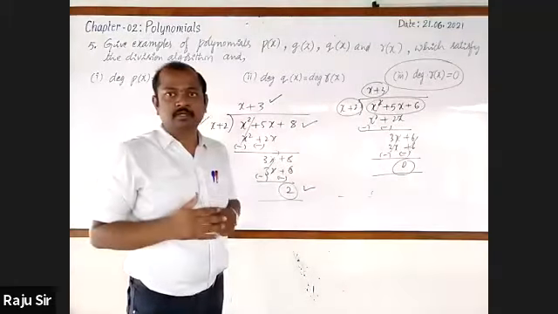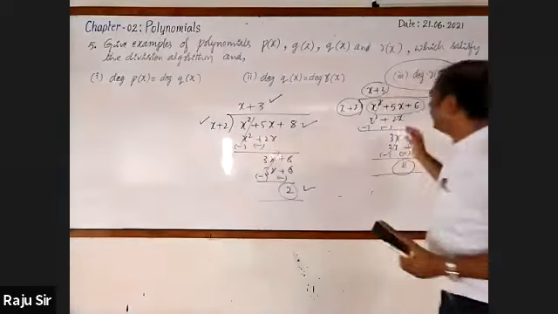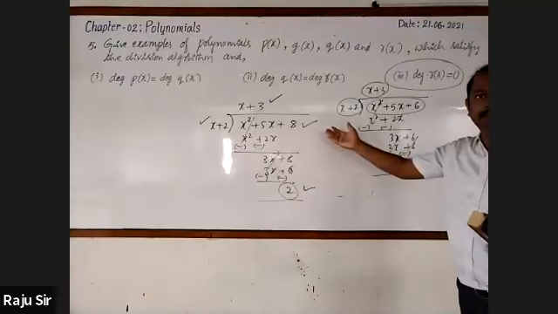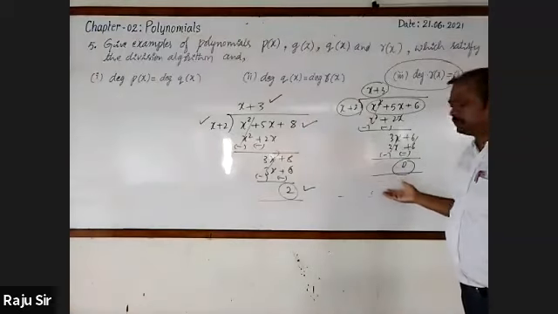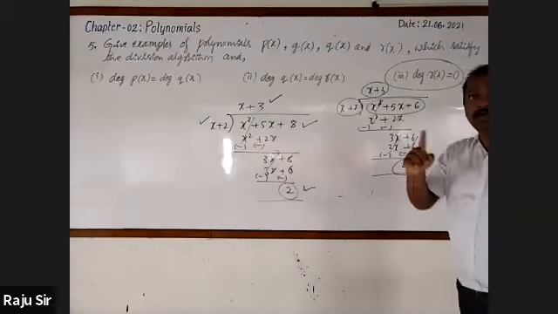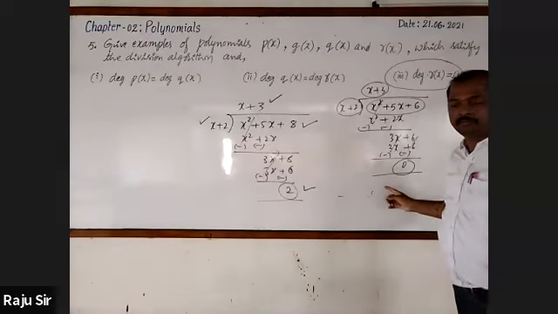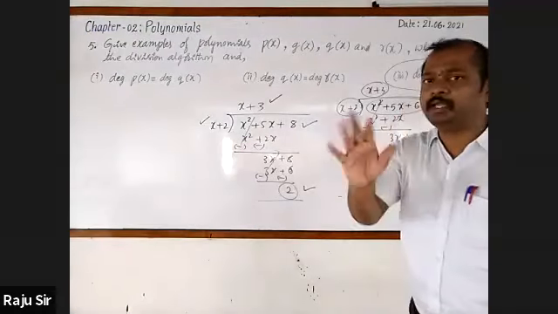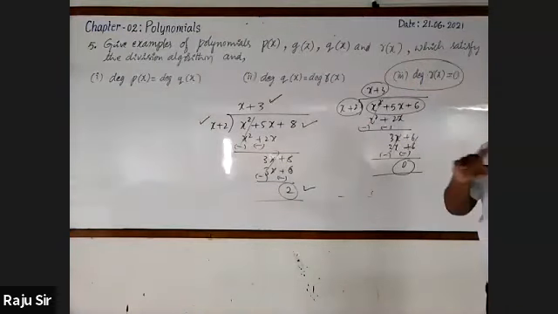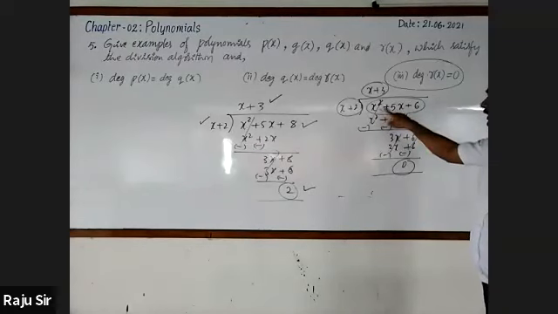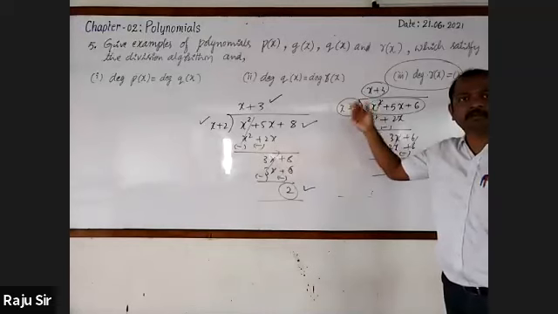Have you understood? And you may go for taking any polynomial. Any polynomial, if you divide, you may get remainder as 0 or maybe any other constant. If you start from x square plus 5x plus 6, the divisor should be x plus 2, x plus 3, x plus 7, whatever it is.